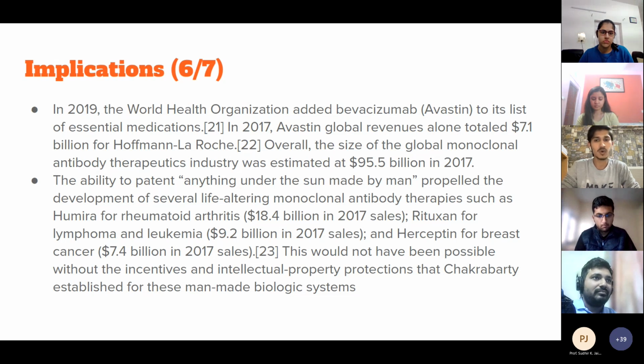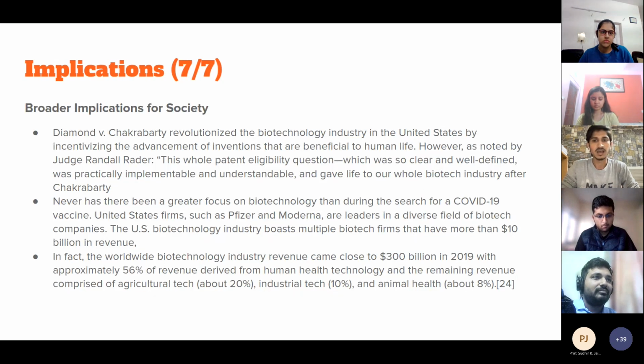Moving on to our last slide, we are going to see how the Diamond v. Chakrabarty case has broader implications for society. Today, firms like Pfizer and Moderna are leaders in diverse fields of biotech companies. Worldwide, the biotechnological industry has a revenue of $300 billion.